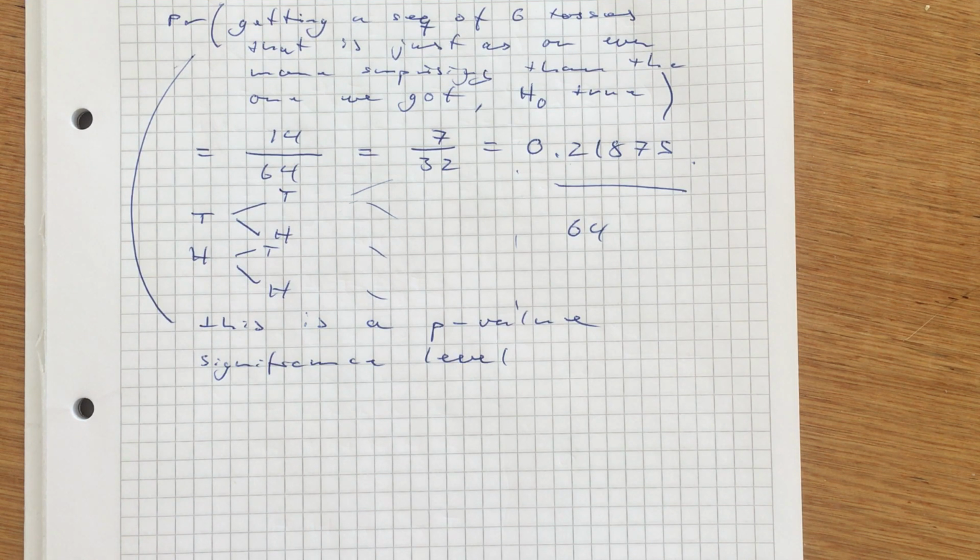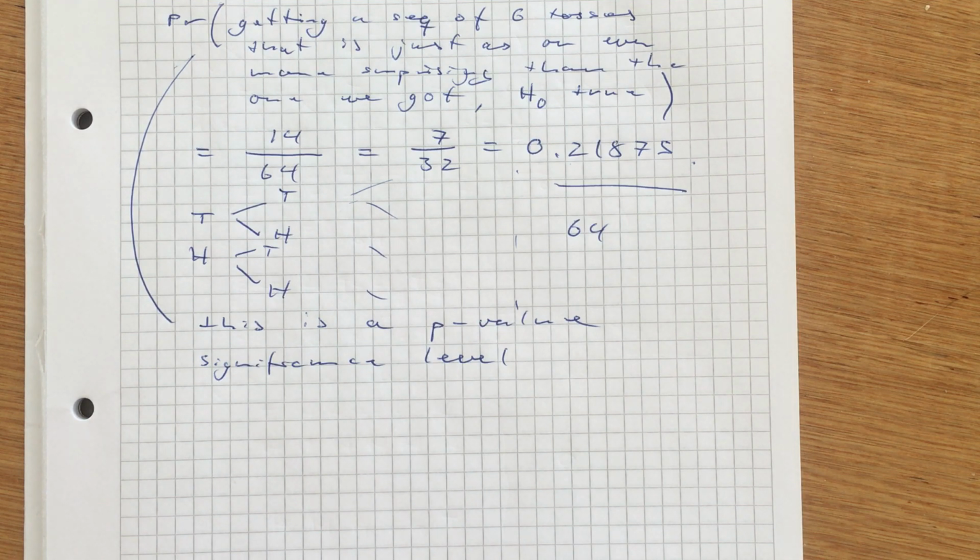Of course that's not something you want to do. If your coin is fair, you preferably want to continue to believe that it is fair after having done your tests. So if you reject a true null hypothesis, you commit a so-called type 1 error. And that probability we want to control, and we want to make it small.